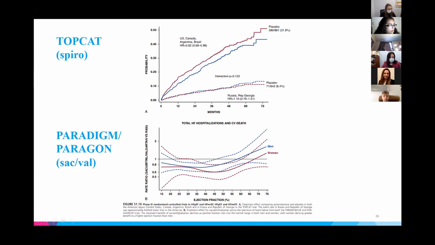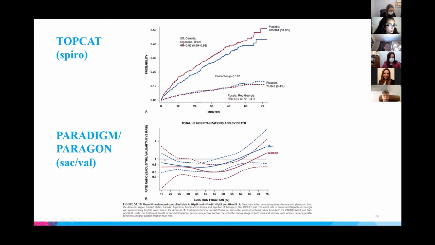Paragon was essentially a neutral trial as well, but a sub-analysis did show benefit in patients with an ejection fraction less than 57%. So Entresto is now FDA approved for HFpEF.